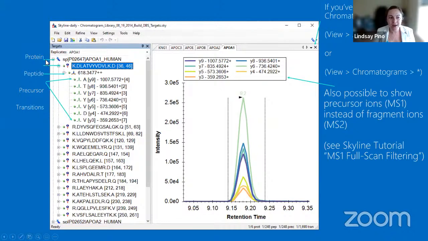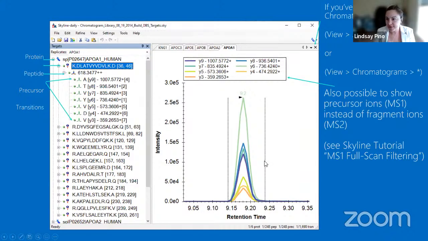This hierarchy goes protein at the top level, then the peptide sequence, and then the m/z value for that peptide with a charge state. The plus means it's a +2 charge state. And then all of the transitions underneath here with their m/z values.